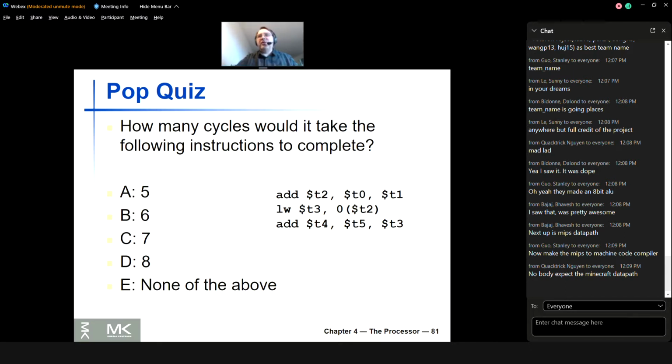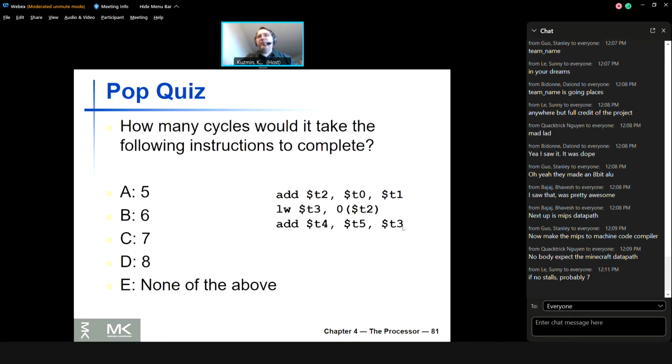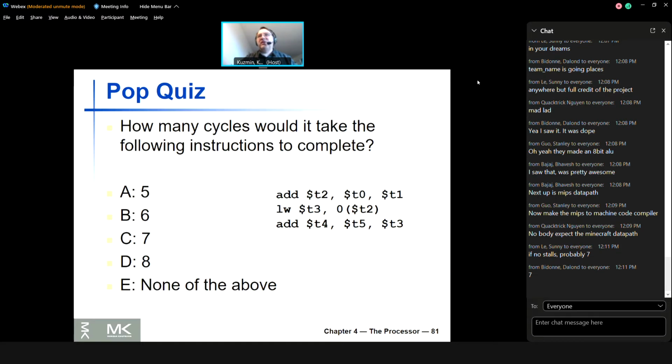From the time we start IF for the first instruction until we are done with WB for the last instruction, it's 7, exactly. The first instruction will be done in 5 cycles, we know it's 5 stages. Then in cycle number 6, LW will be done, and then in cycle number 7, the second add will be done. So in the absence of data hazards, it would take 7 clock cycles.